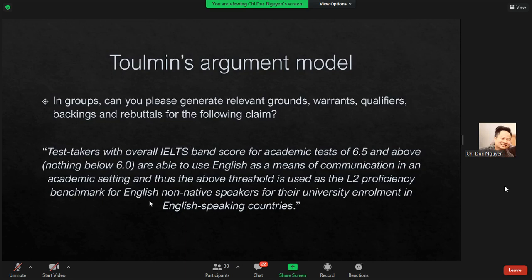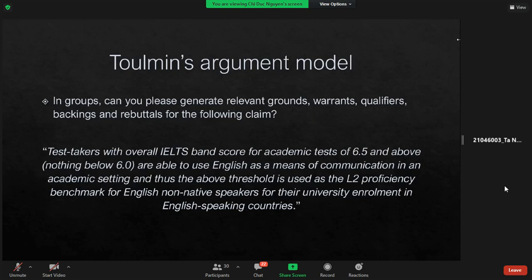Even the claim over here, can it hold true for every single case? This claim, 6.5 is enough for you to communicate very well in an academic setting in an English-speaking country. So does this claim hold true for every single case?